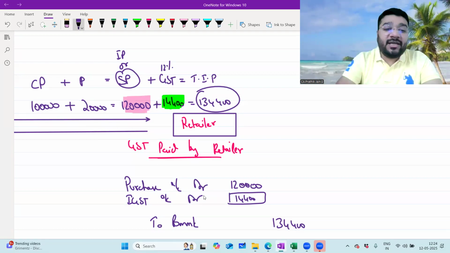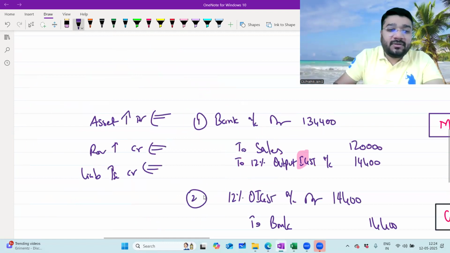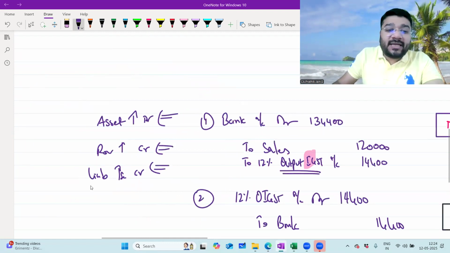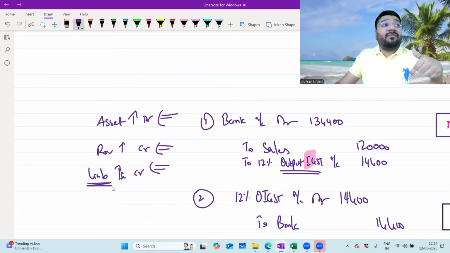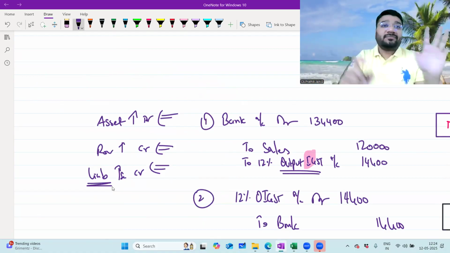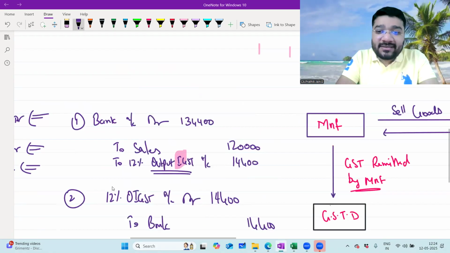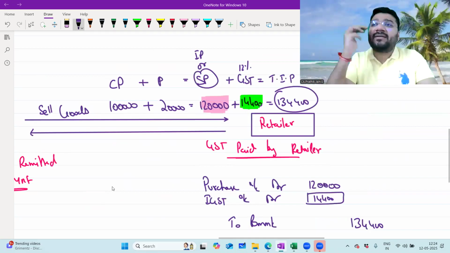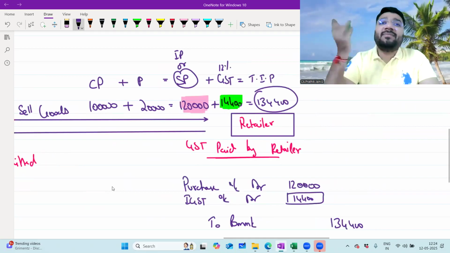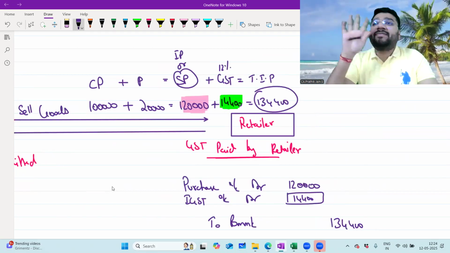What is the classification? Here you said liability. Correct? No. Output IGST, you said liability. Why? Because this money is coming in with the intention to go out. So it is liability. What is this? Same liability means say yes, liability, sir. Or something else. Classification is what?